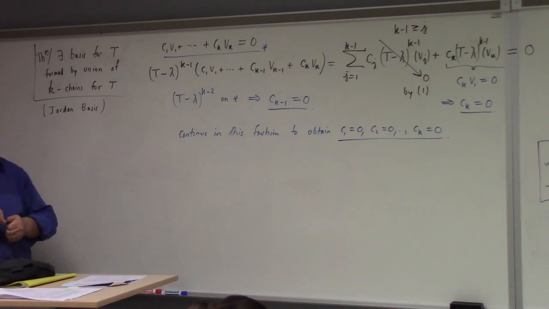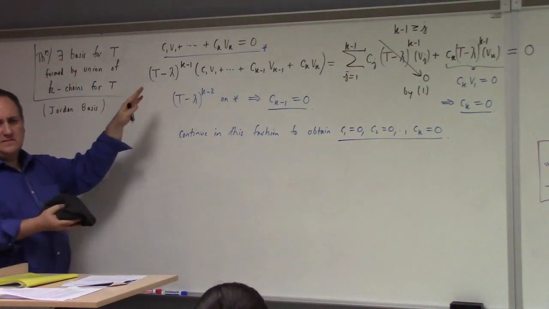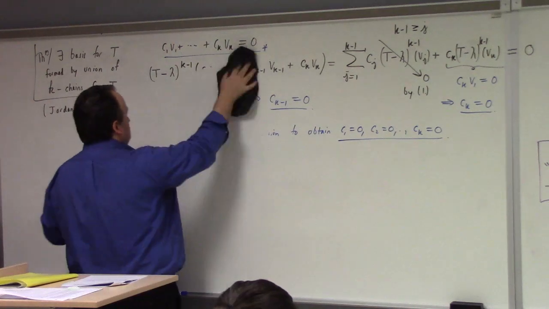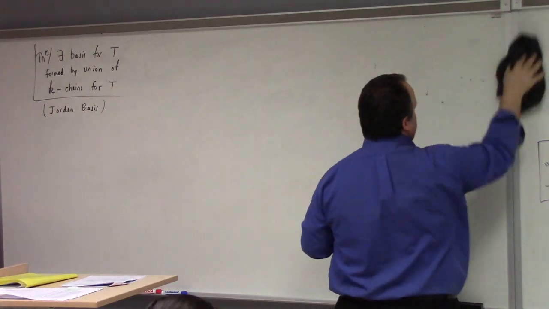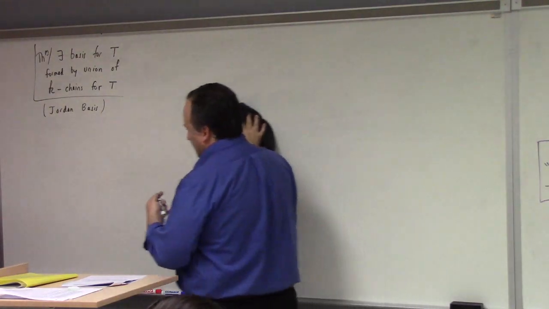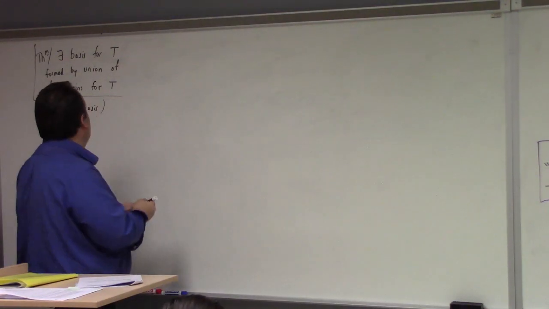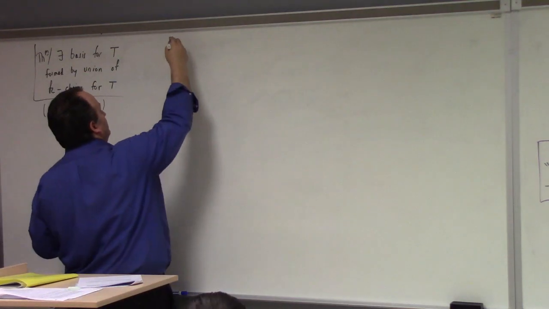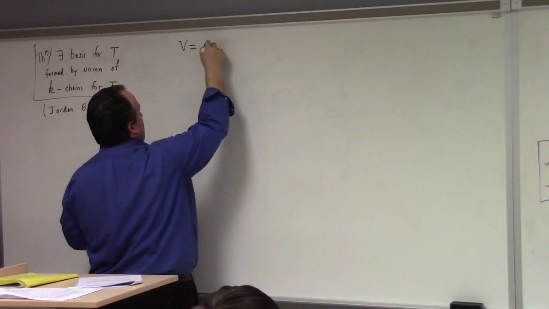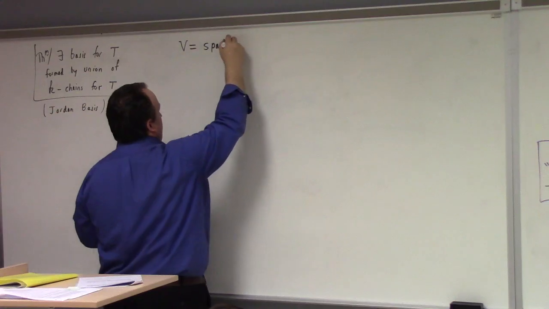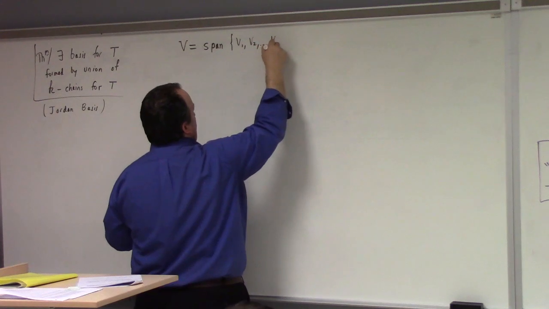Now you can prove that. Can I erase this? Here, yeah. All right, so let's look at the case that V is equal to just the span of a particular k-chain, v1 through vk.